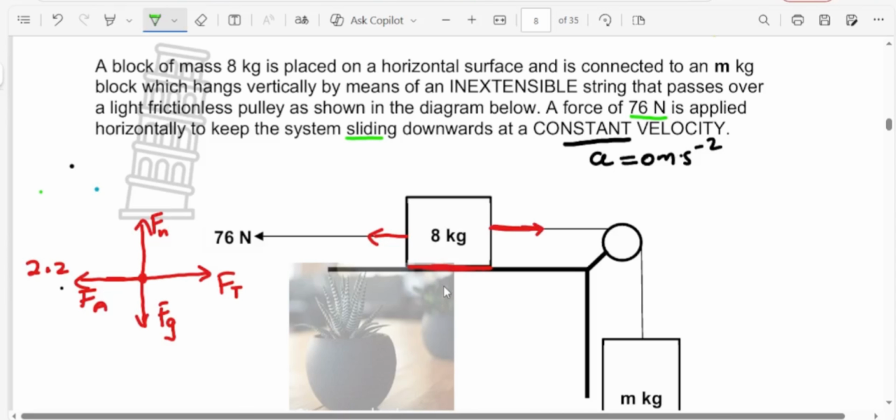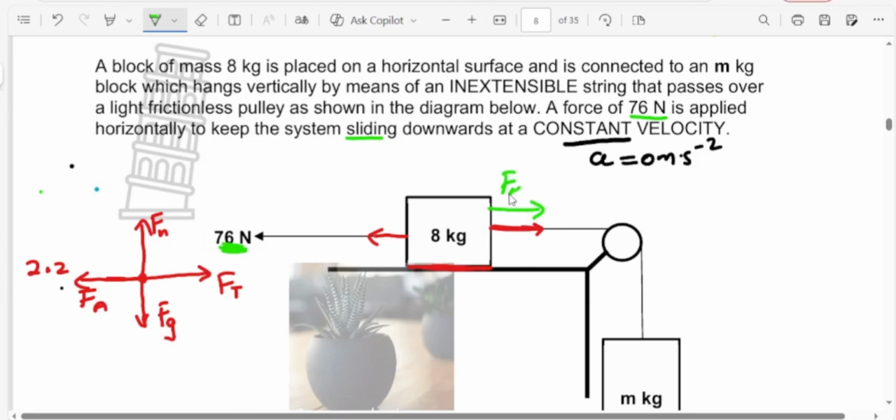Is it going to the right? Is it going to the left? This is where learners are going to make a mistake, because they'll say that the system will go where the applied force is applied. So the applied force is going to the left, this system will go to the left, which will make the frictional force go in that direction.